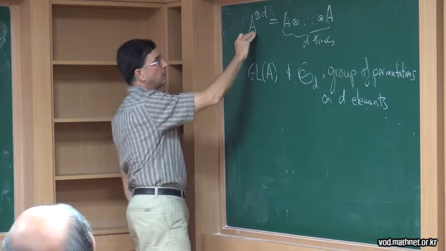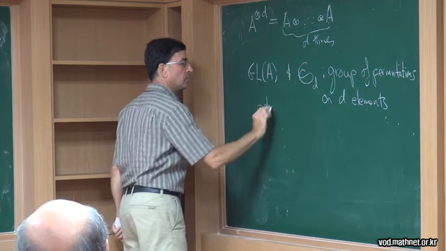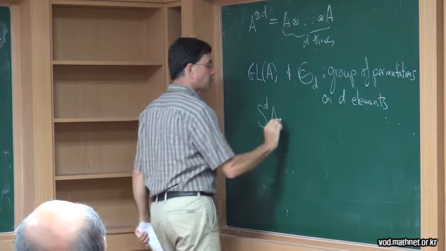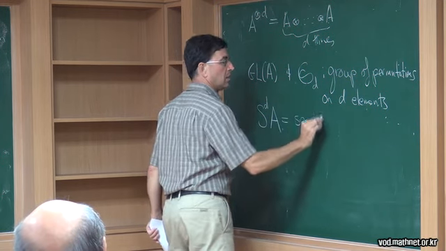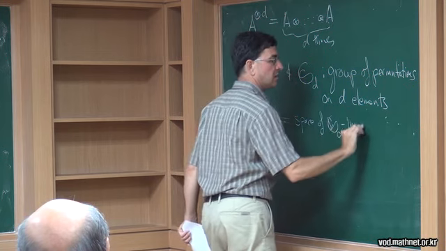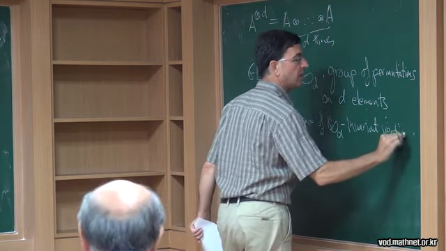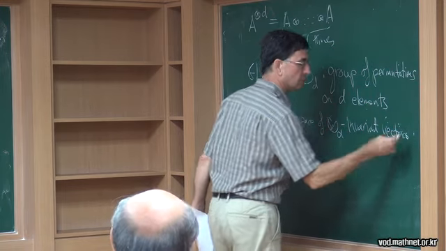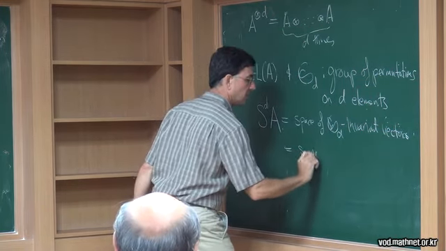So, for example, inside this vector space, we have the most important subspace. This is the space of S_d invariant vectors, the ones that are invariant when you permute them, i.e. these are the symmetric tensors.